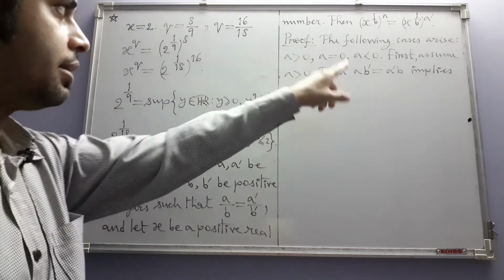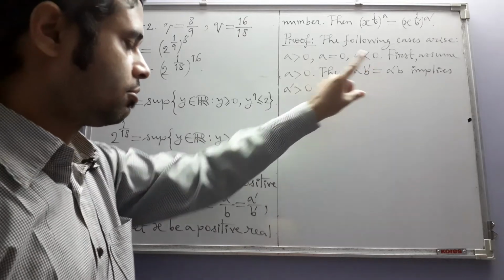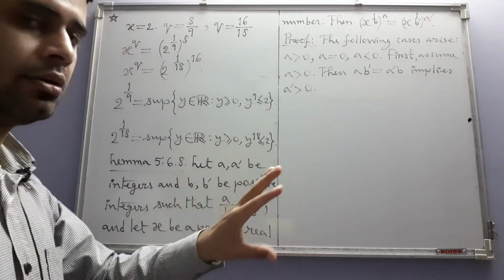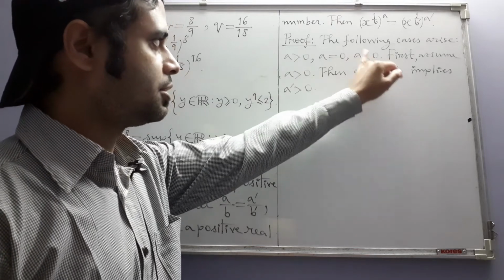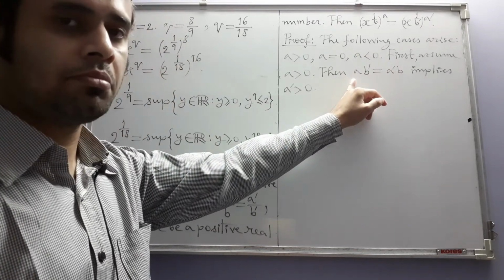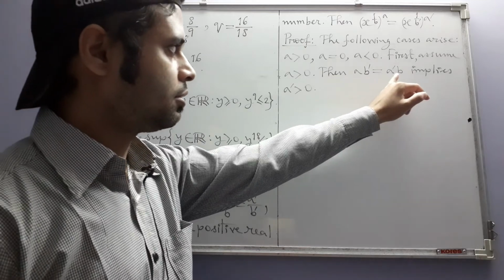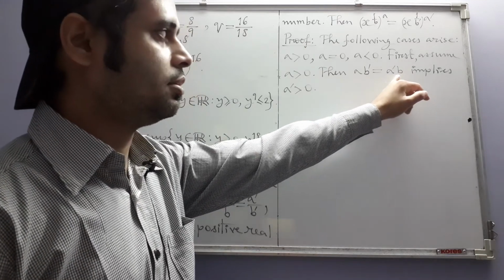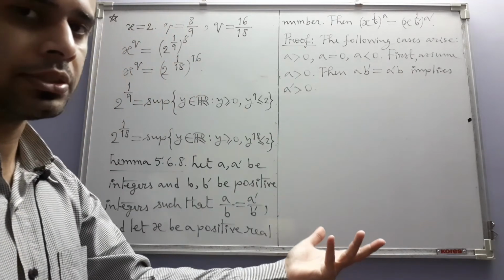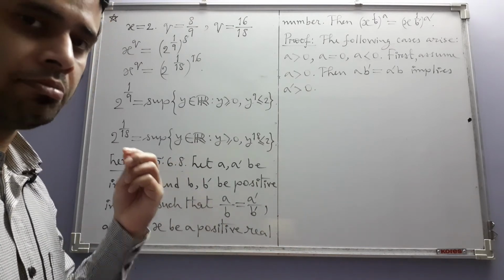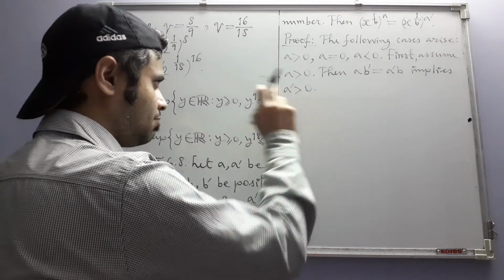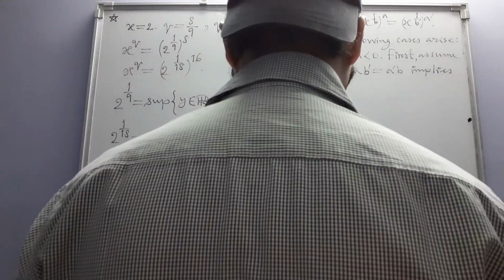It is given that a is positive. Note that b and b prime were originally positive integers. So a is positive, b prime is positive, so the left hand side is a positive integer. On the right hand side b is positive, so a prime must also be positive. There is no other way. It cannot even be 0, it has to be a positive integer. So that's why a prime is positive.